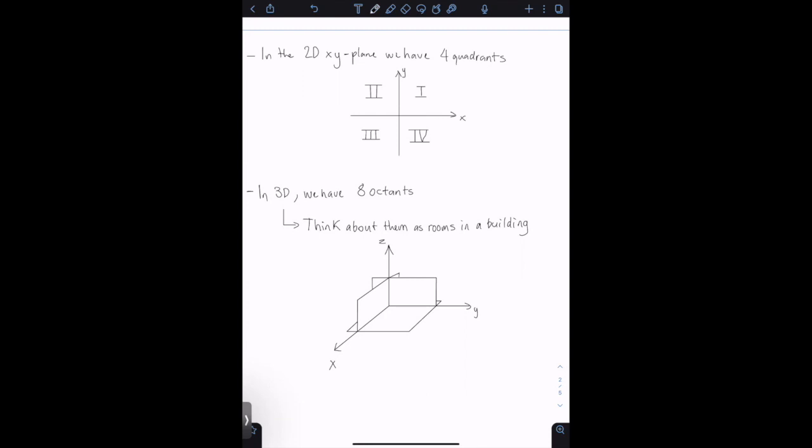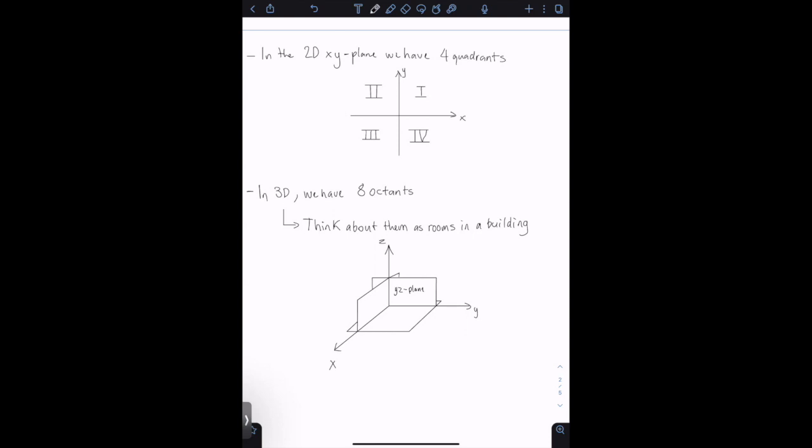But let's talk a little bit more about this coordinate system. We have this plane here as the YZ plane. The YZ plane just represents the set of all possible Y and Z values when we set X equal to 0. So it's like a two-dimensional plane in the three-dimensional space.